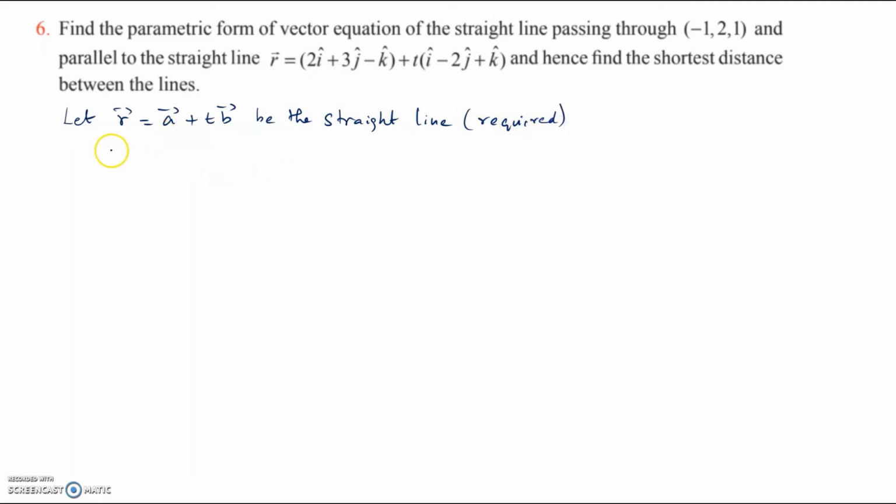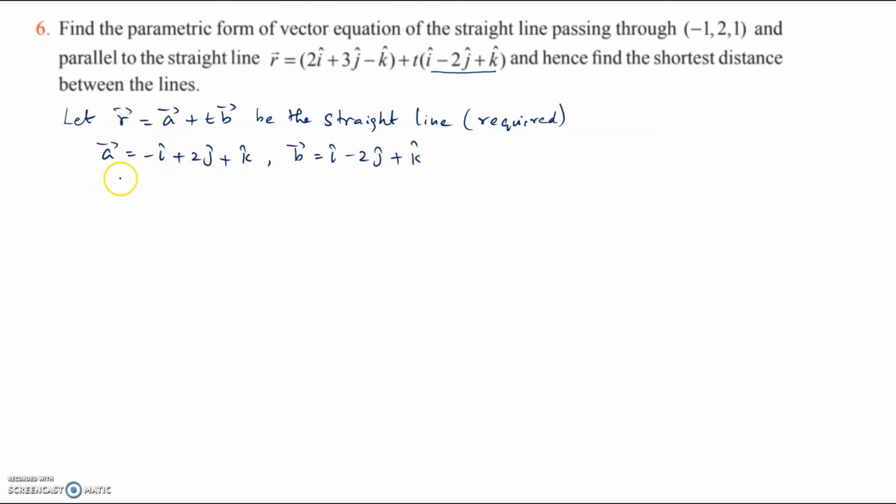So here our a vector is given as, using this point, minus i cap plus 2 j cap plus k cap, and our b vector will be this vector here because it's parallel to this straight line. So i cap minus 2 j cap plus k cap.